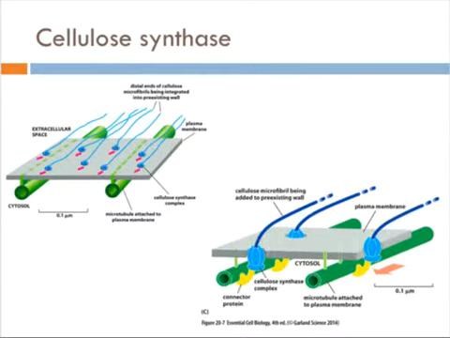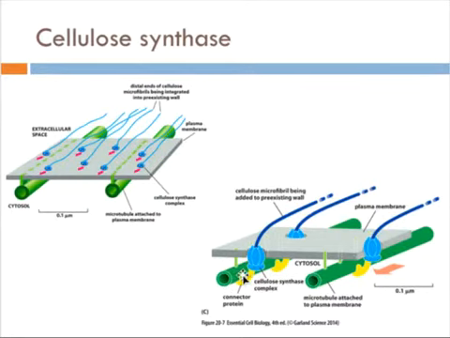Now, this entire membrane complex actually moves, so it laterally diffuses within the membrane. So it's constantly moving. So you can see this arrow here saying that this would be moving along in this direction. They actually move along microtubules that lie beneath the plasma membrane. The enzyme complexes are connected to the microtubules, so the cytoskeleton, using connector proteins.